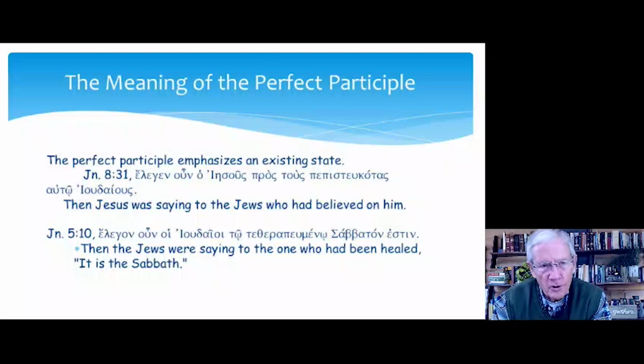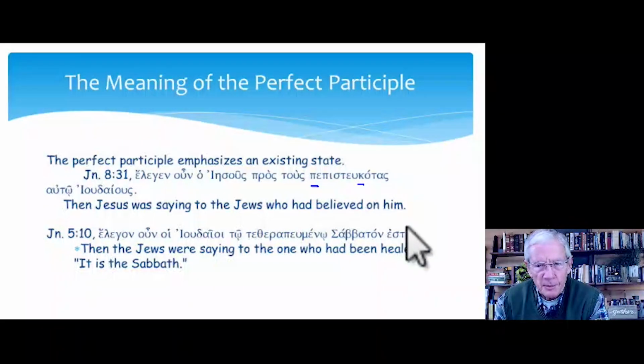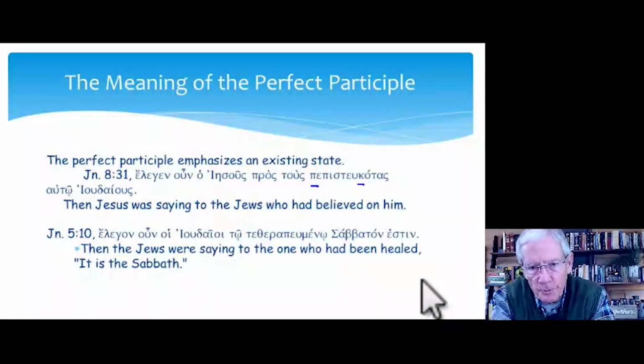So, therefore, Jesus was saying to, now take a look at pepistekotas. We have a reduplication on the front, and we have a kappa. So this is a perfect active participle, masculine plural accusative.